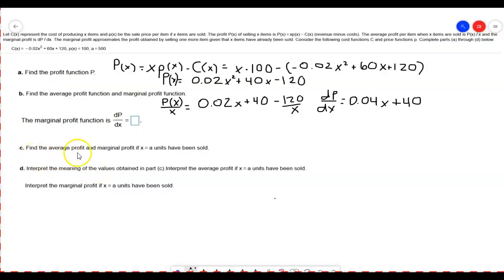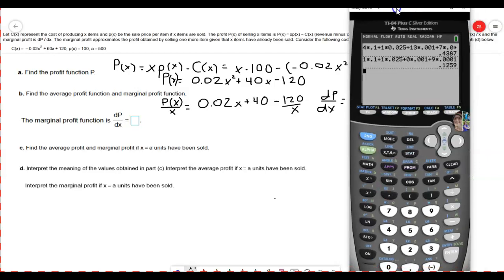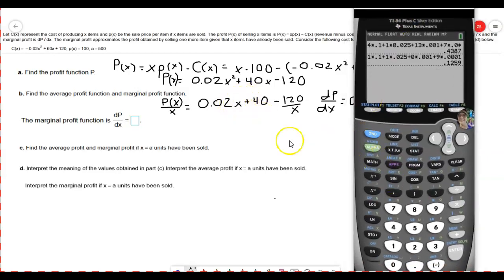All right, the next question says find the average profit and the marginal profit if x is equal to a units have been sold. So a is 500. So this is if 500 units have been sold. The average profit uses this function right here. So if it's 500, just plug it right in: 0.02 times 500 plus 40 minus 120 divided by 500.